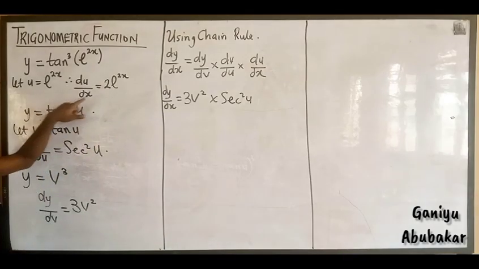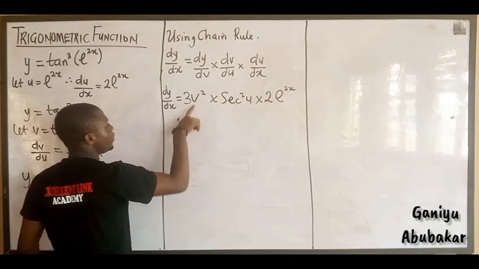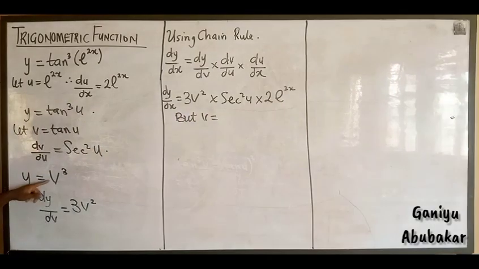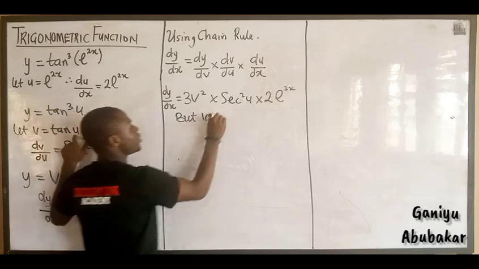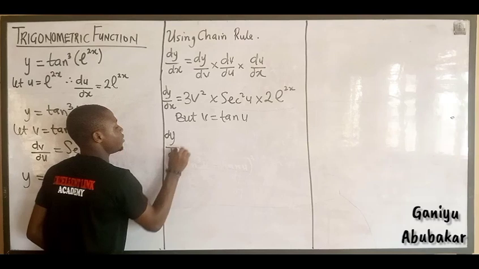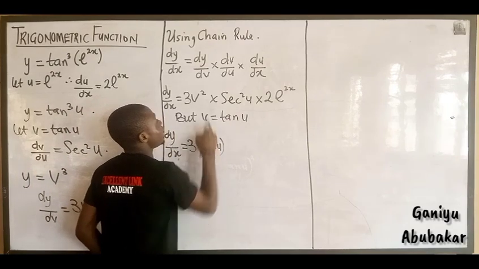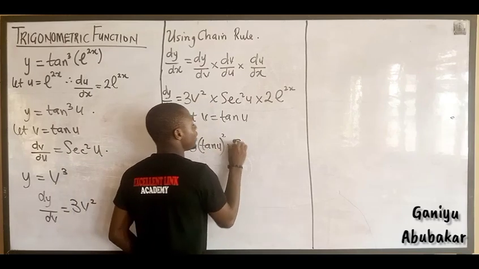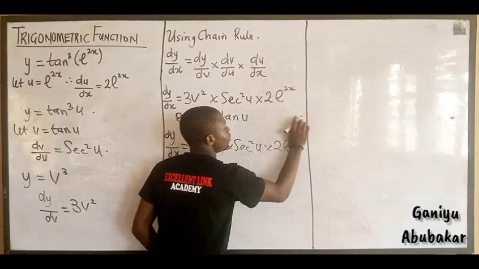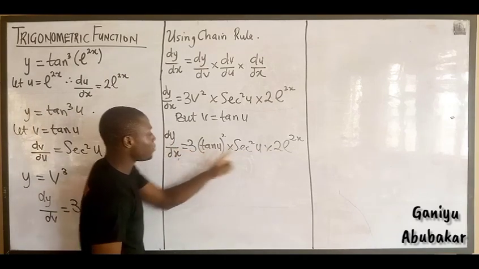Finally, du/dx is obviously 2 exponential 2x. But what was v? v was tan u. Putting in v here, I'll have dy/dx equal to 3 into tan u all squared, multiplied by sec squared u, multiplied by 2 exponential 2x. Of course, 3 times 2 becomes 6.